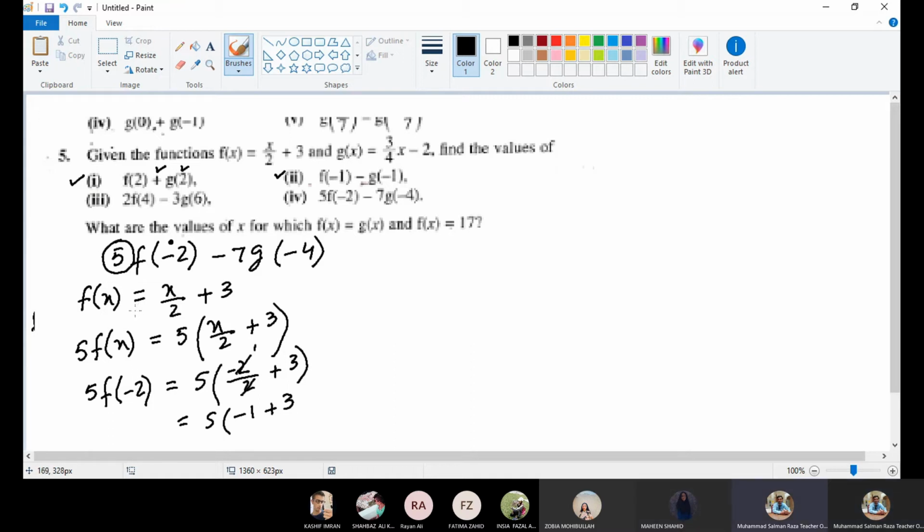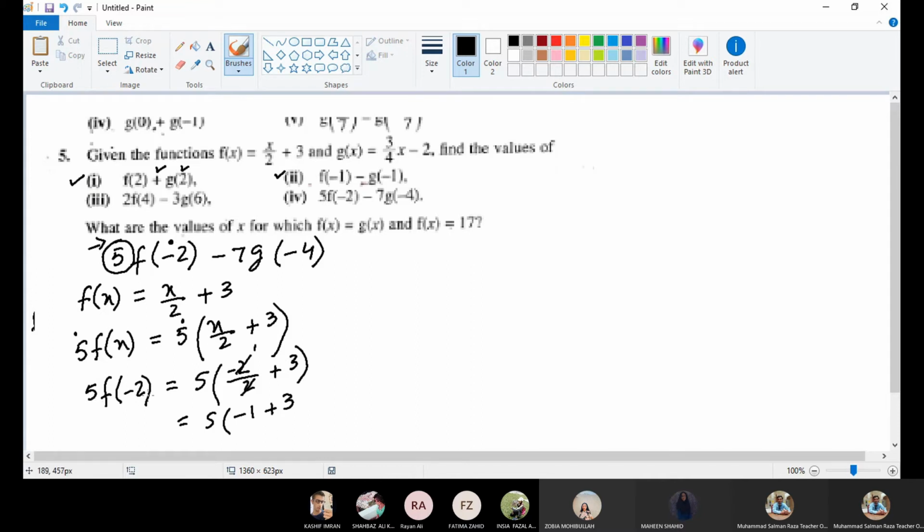f of x, the function was x upon 2 plus 3, and then I attached this 5 at both the sides, this 5 and this 5. You can see that I've attached it at both sides. This becomes 5f of, now I'll replace x by minus 2.